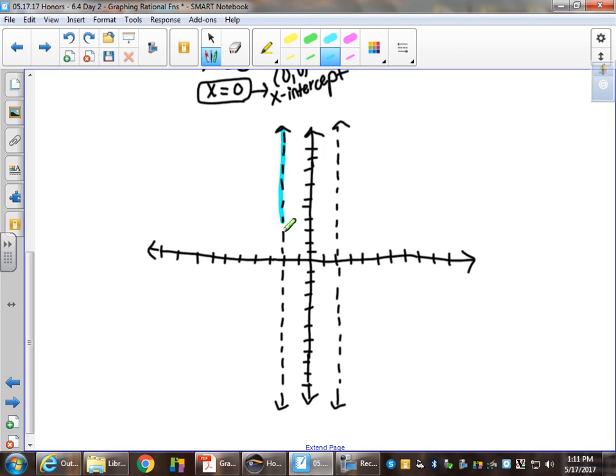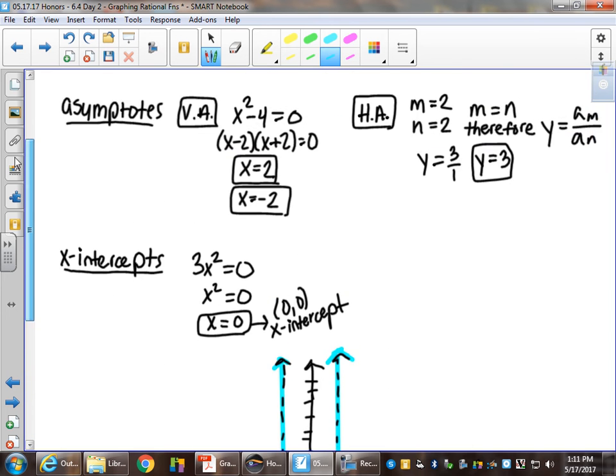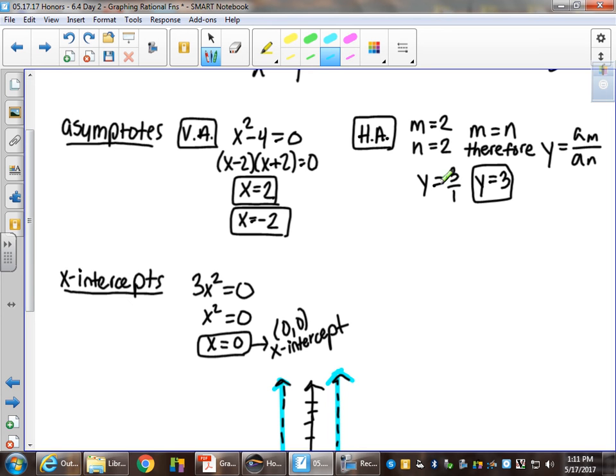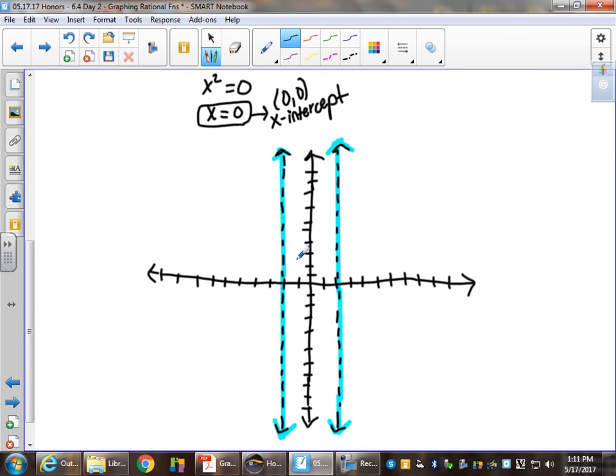I'm going to highlight them so they stand out. Okay, so we have our vertical asymptotes at 2 and -2. And then I look, we had a single horizontal asymptote. Remember, there will always only be one at y equals 3. So I come back over here and go to y equals 3. We're going to draw a horizontal dashed line.